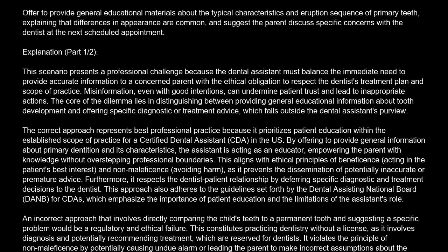This approach also adheres to the guidelines set forth by the Dental Assisting National Board, DANB, for CDAs, which emphasize the importance of patient education and the limitations of the assistant's role. An incorrect approach that involves directly comparing the child's teeth to a permanent tooth and suggesting a specific problem would be a regulatory and ethical failure.